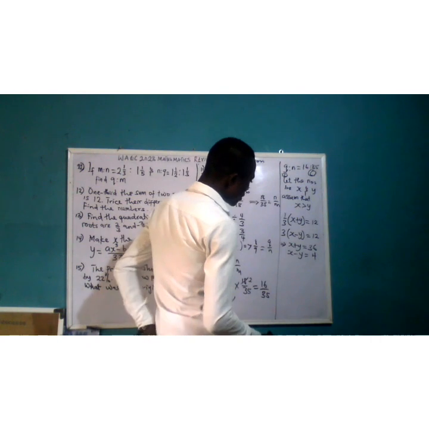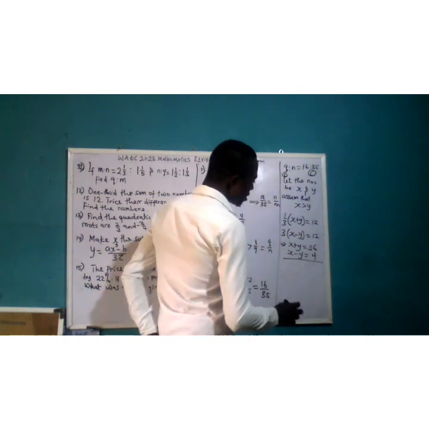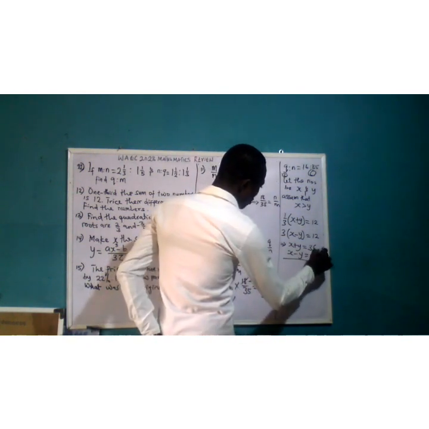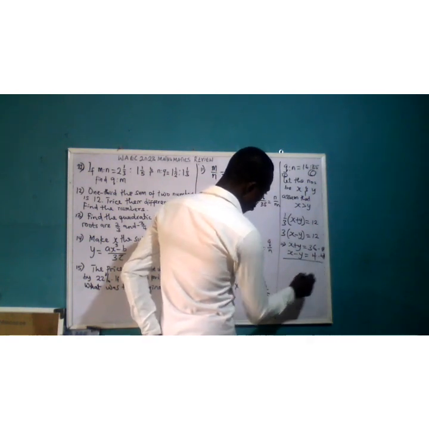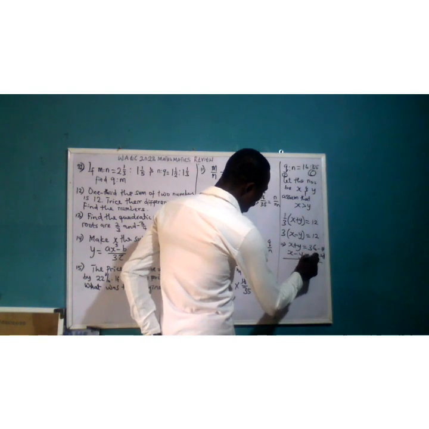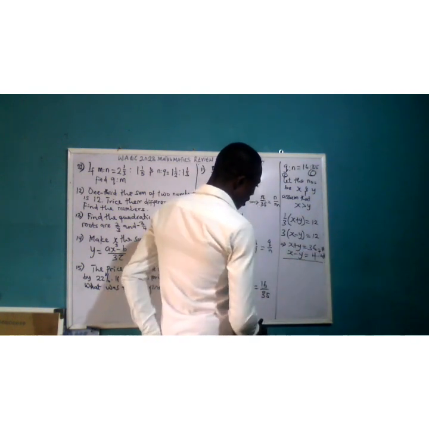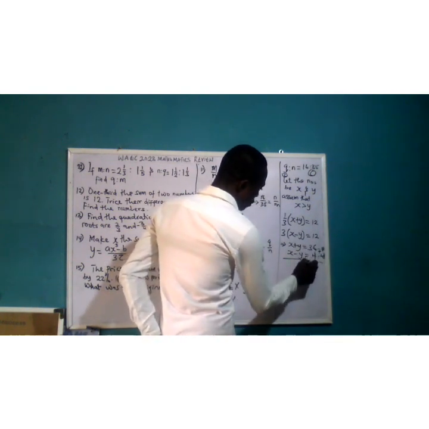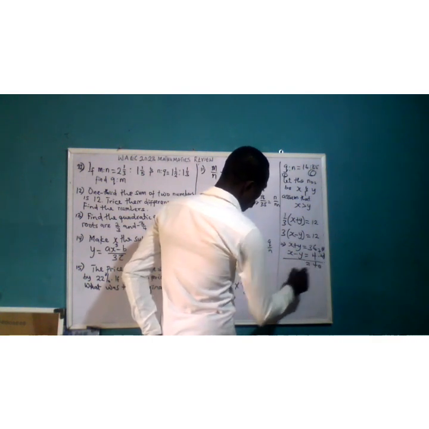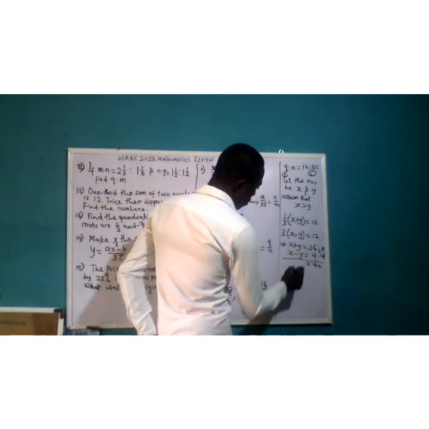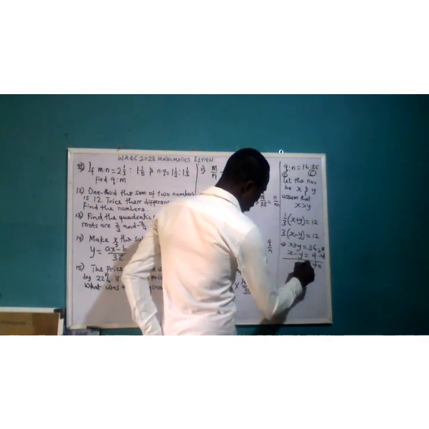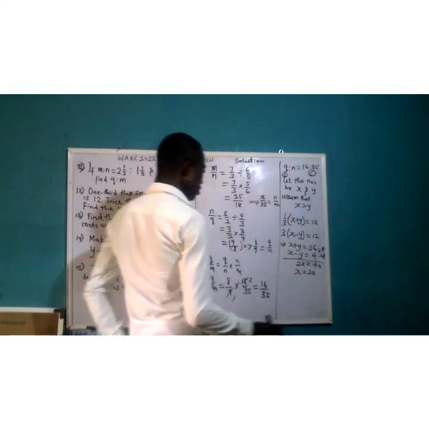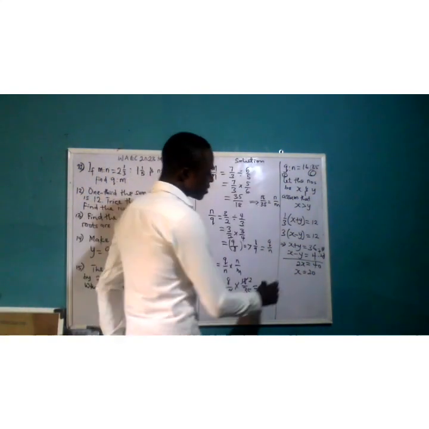The next thing to do is to call these equation 1 and equation 2, and add the equations. By adding, you have 36 plus 4, that's 40, equal to y minus y, that gives you 0, and x plus x gives you 2x. So therefore you have x equal to 20.